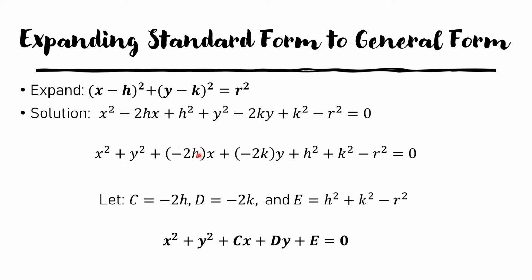Pinalitan na natin yung negative 2h ng c, yung negative 2k ng d, at yung h squared plus k squared minus r squared ng letter e. So take note of these formulas kasi later on gagamitin natin siya kapag mag-change na tayo from standard form to general form.